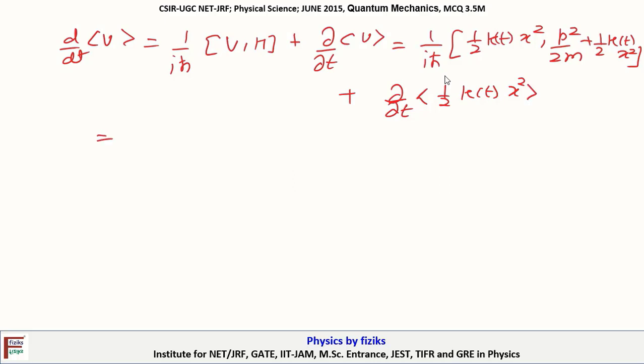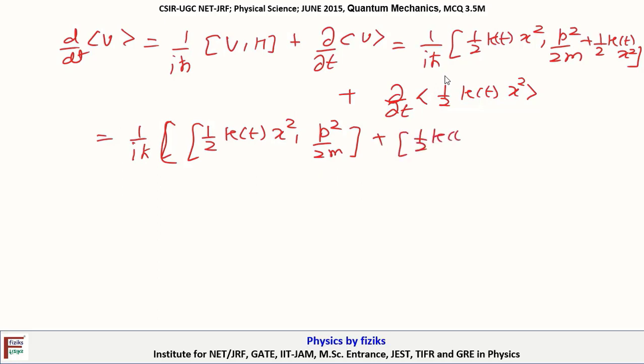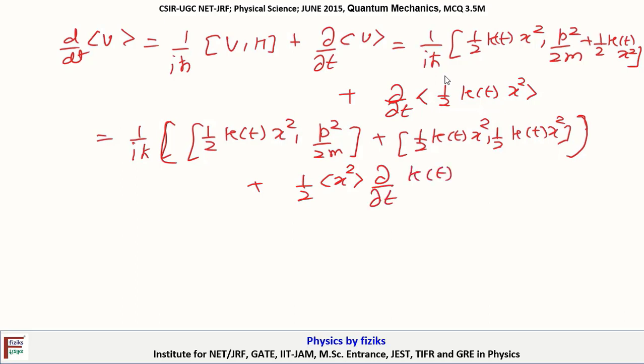of half k(t) x square. So we would be having 1 by i h cross, 1 by 2 k(t), the commutator of x square with p square by 2m, plus half k(t) x square into half k(t) x square in commutator, plus 1 by 2 average x square would come out, and here you will be having del by del t of k(t).